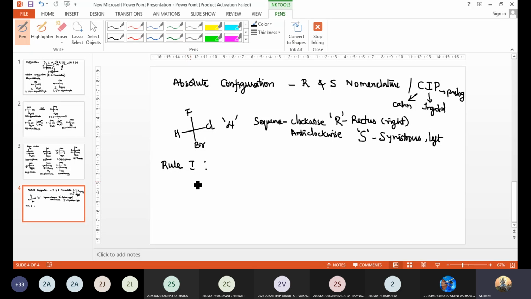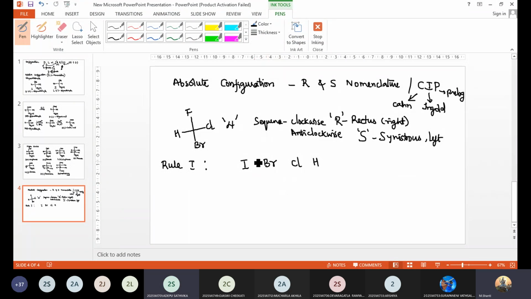Take the substituents I, Br, Cl and H. Whose atomic number is highest among the four?